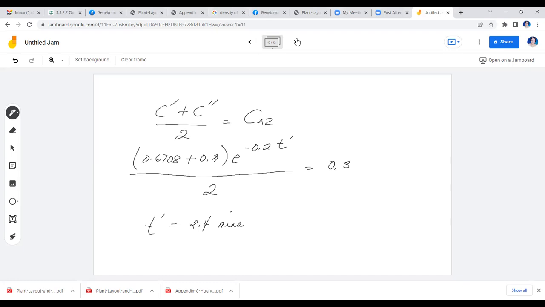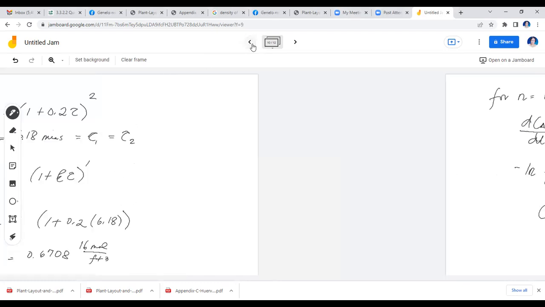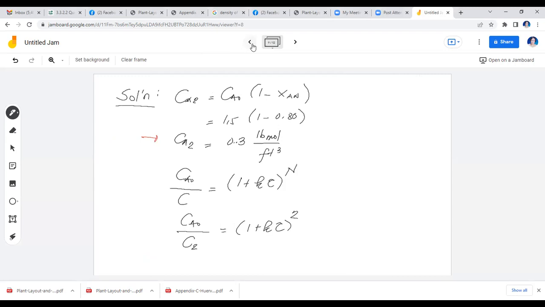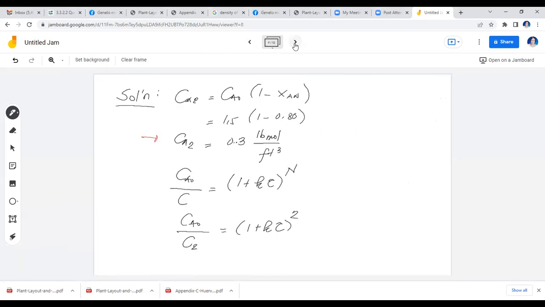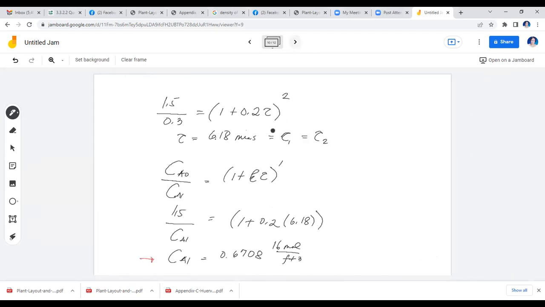Do you have any questions here? So that's our flow of the solution. This is our given information. Okay, we determine the concentrations in each of the tanks operating in normal operating conditions.